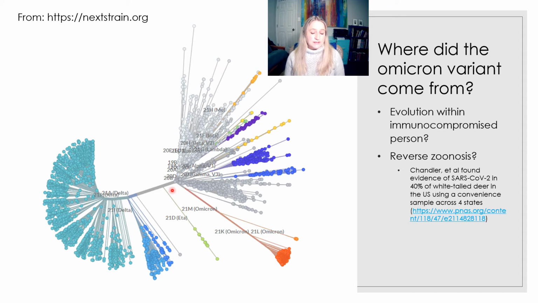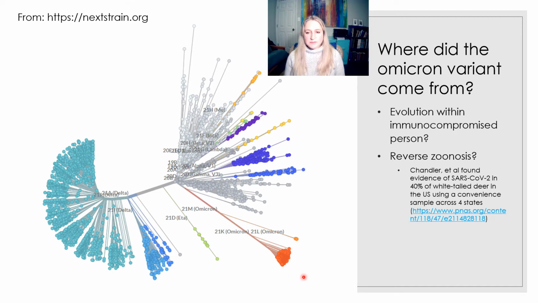But that doesn't make any sense to me, because I think that if it had been in a person, some of these intermediate variants would have gotten out into the human population, especially because they had mutations that help to evade immunity. So the fact that you have all of these variants that are so far away from anything else that has been sequenced and described suggests to me that the lineage that produced Omicron wasn't developing in humans at all.